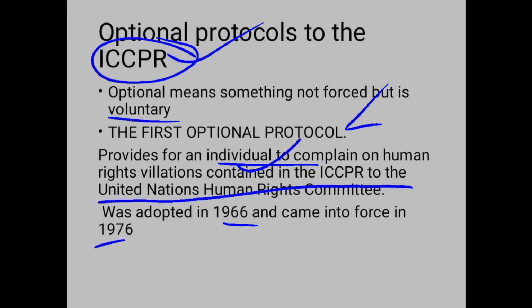So Zambia is a party to the first optional protocol. So you can complain to the United Nations Human Rights Committee if your rights have been violated. Zambia is a party to the first optional protocol.